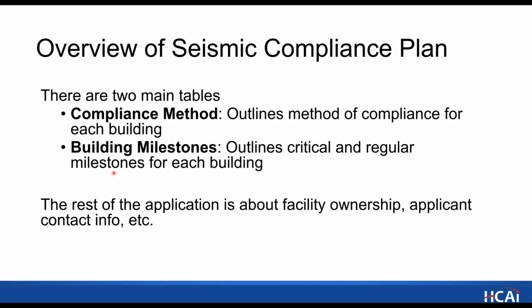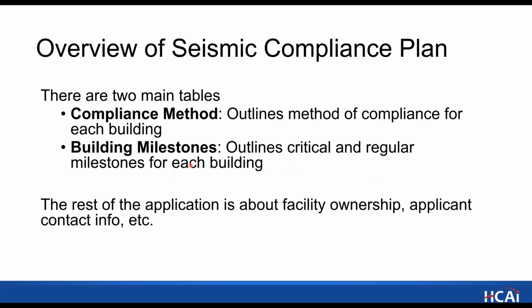In this application, we split it into two tables really. One is the compliance method, which outlines the method of compliance for each building. The second table is building milestones. This goes into critical and regular milestones for each building, and I'll go into critical and regular in the next few slides.